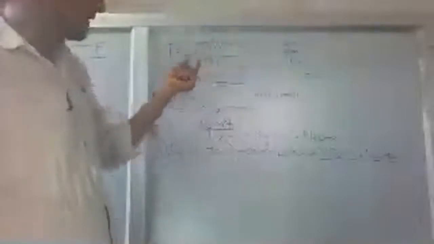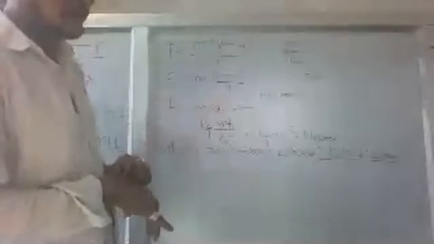So my friends, what you have seen is that rate of change of momentum is called force. This is Newton's second law. Now, before solving this, you can also say rate of change of momentum means delta P upon delta T is called force.